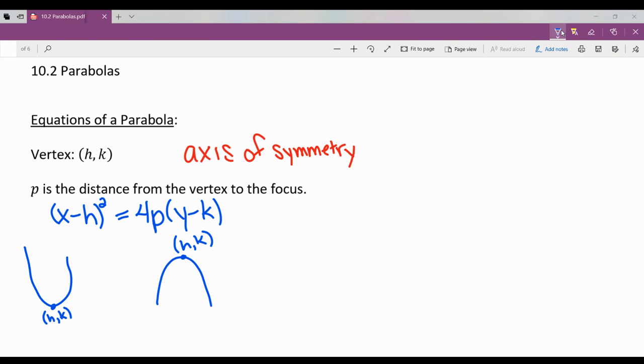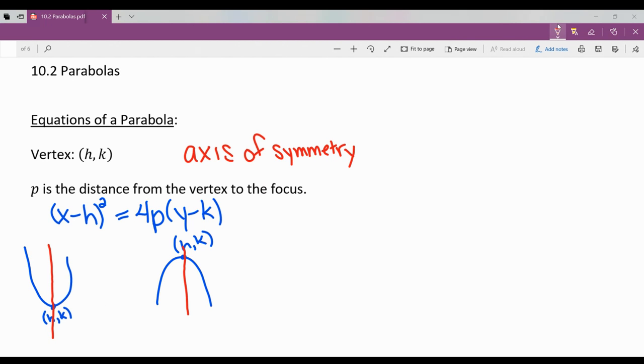Then we have our axis of symmetry that cuts right through my equation, so it creates a symmetric picture.